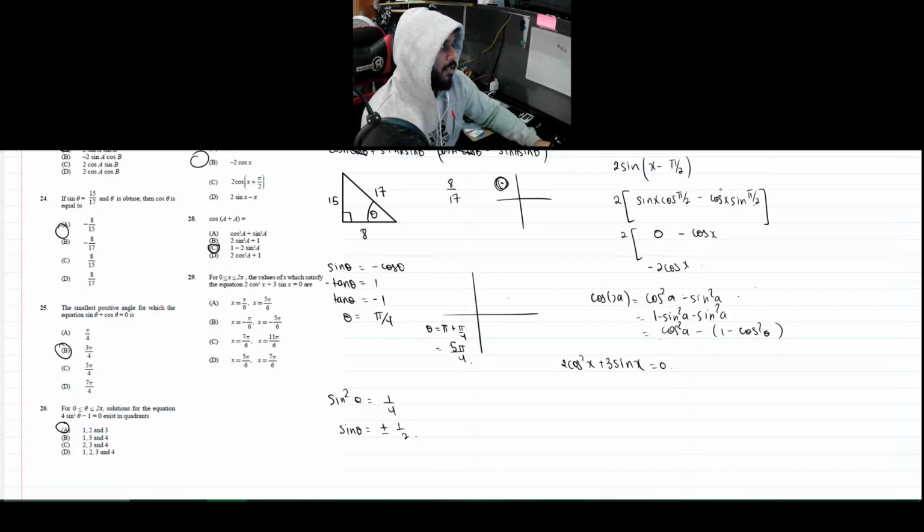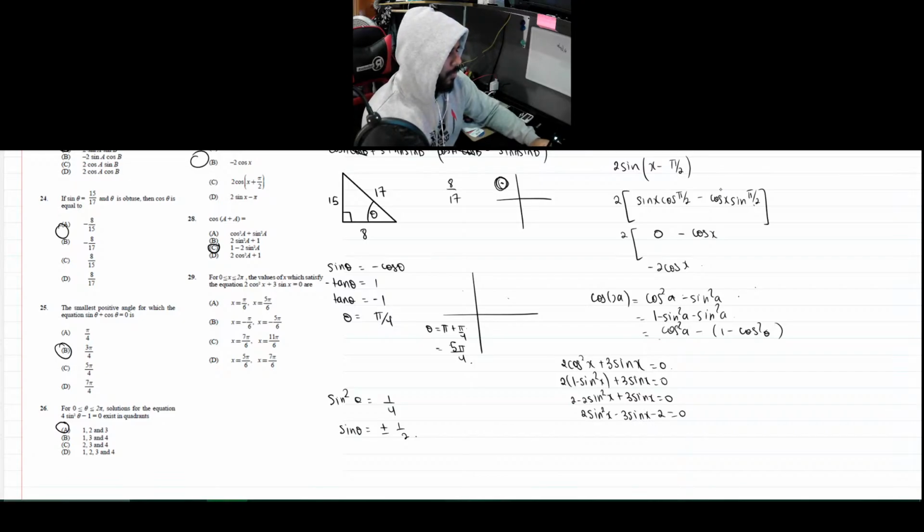Cos squared x is 1 minus sine squared x, so 2 minus 2 sine squared x plus 3 sine x equals 0. Multiply by minus 1 on both sides: 2 sine squared x minus 3 sine x minus 2 equals 0.